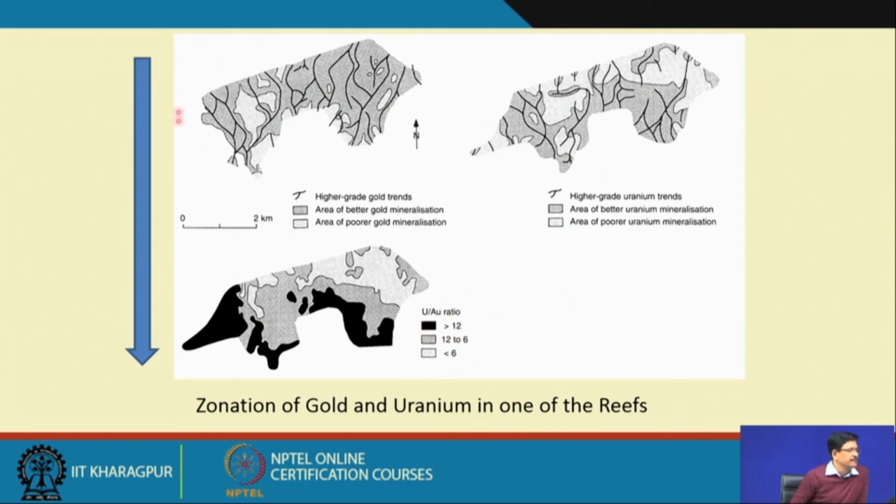So, in this diagram we can see that these represent the area where there is better gold mineralization, and in these areas we see greater uranium mineralization. If we plot them together, it would look as if from north to south the northern part is more rich in gold and the southern part is more rich in uranium, and actually it shows that there has been some efficient sorting mechanism that has taken place.